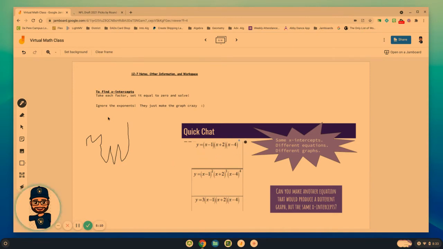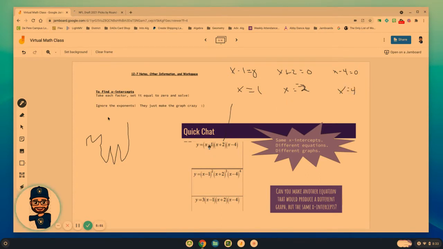So these three problems listed down here, even though they look different, if we set each factor equal to 0, x minus 1 equals 0, x plus 2 equals 0, x minus 4 equals 0, I solve each one. x equals 1, x equals negative 2, and x equals positive 4.